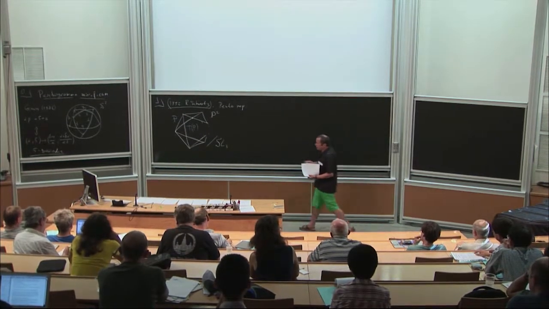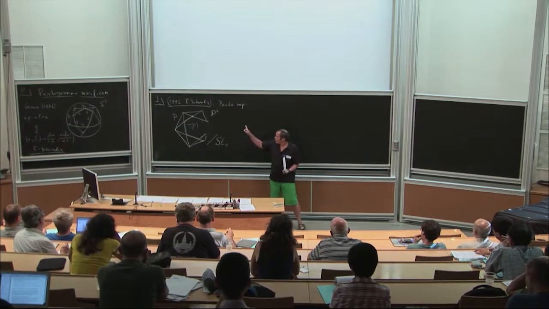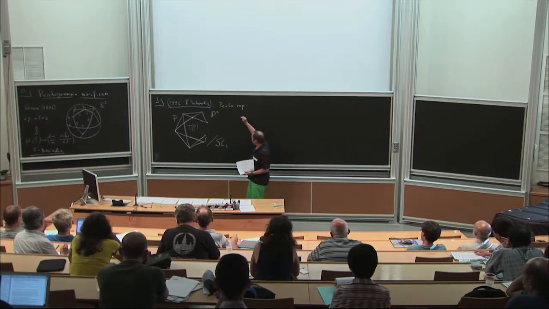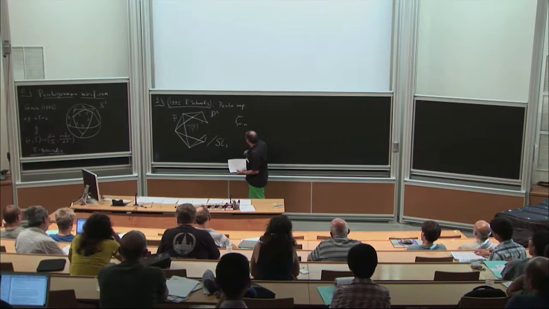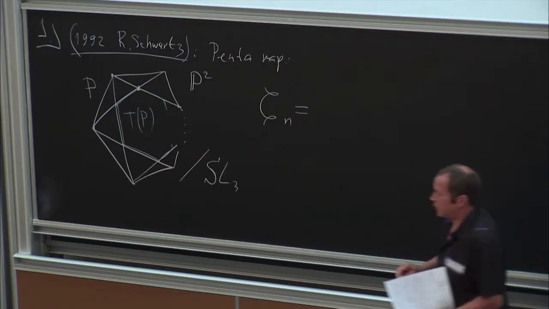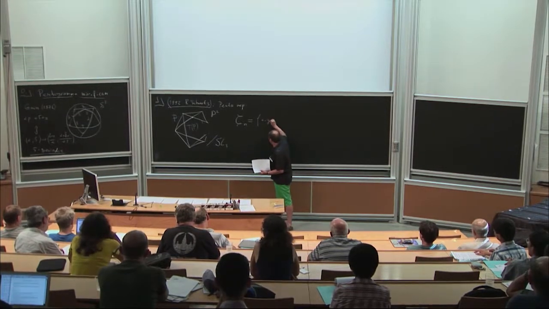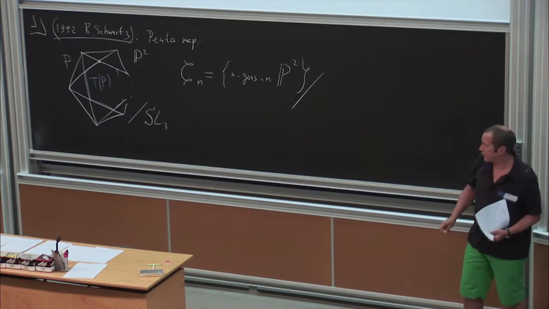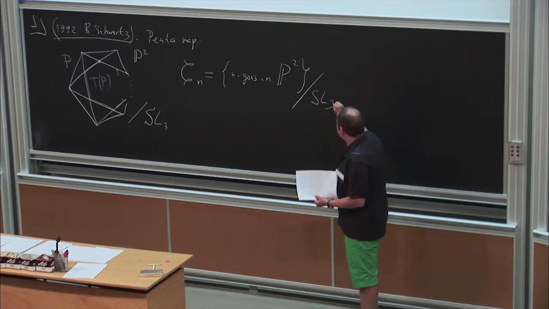And second, instead of acting on n-gons, we will act on equivalence classes of n-gons. So our main space is denoted Cn. This is a space of n-gons in the projective plane where I take the quotient by the SL3 action.